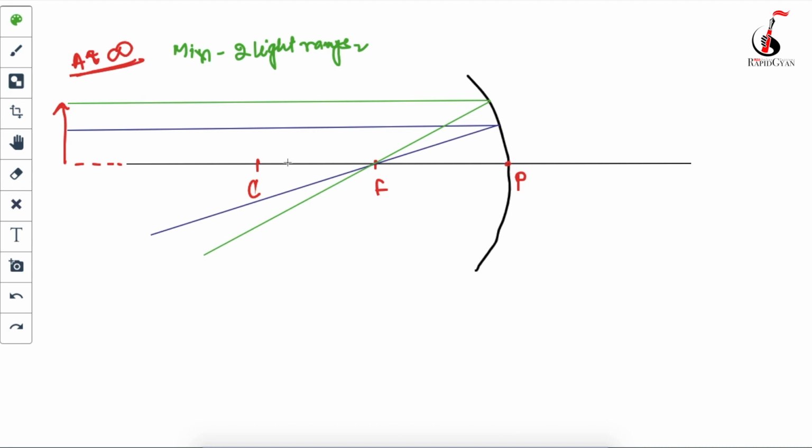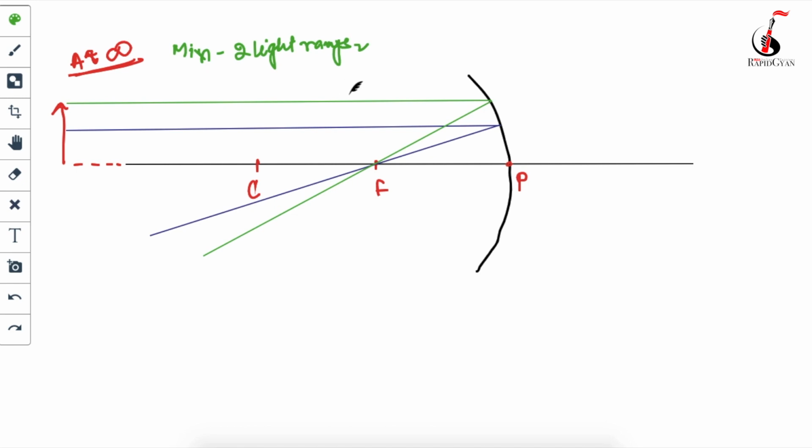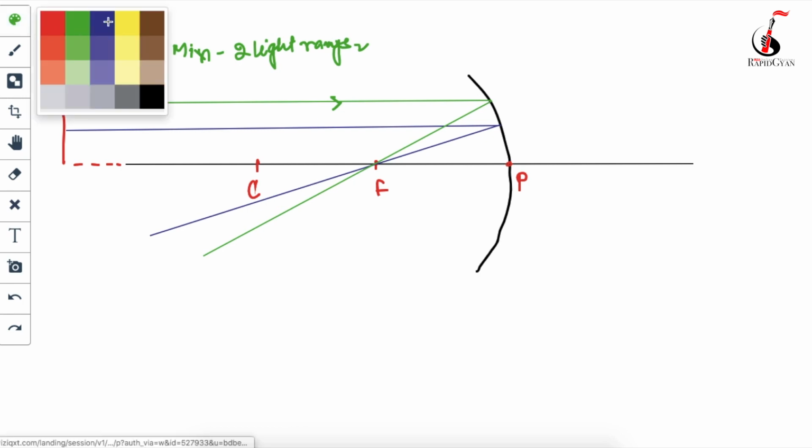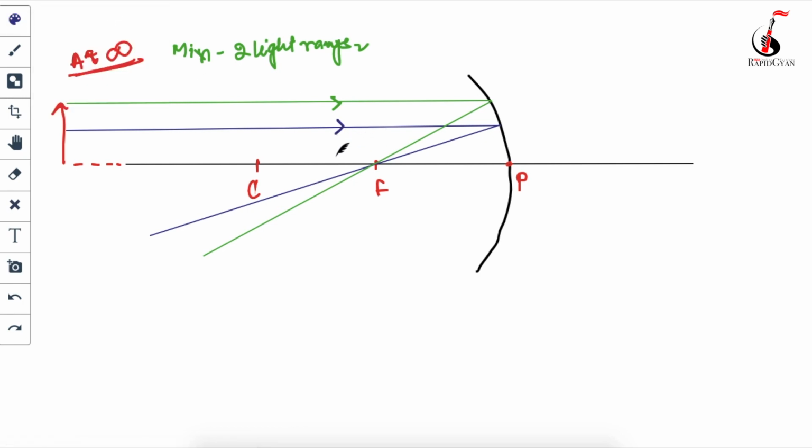I have explained this in the previous video. Here we will have to see that these two light rays, one is this and another is the second one, where they are intersecting. In this case they are intersecting at point F.